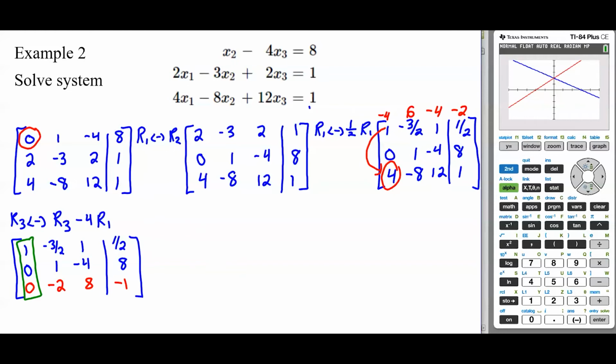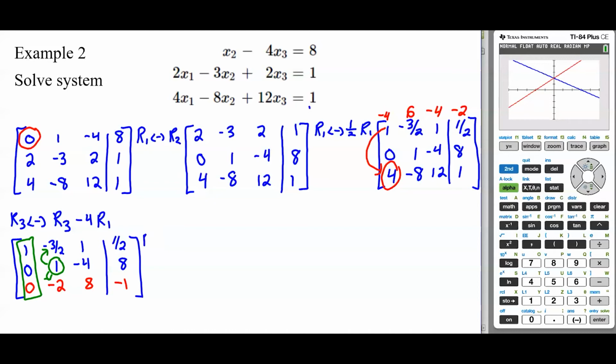In the second column, you want to get a 1 in the second position, and that's what we have. And we're going to use that 1 to eliminate the second variable in the first row and the second variable in the third row. We're going to make those zeros. So I'm going to do this all in one step here.